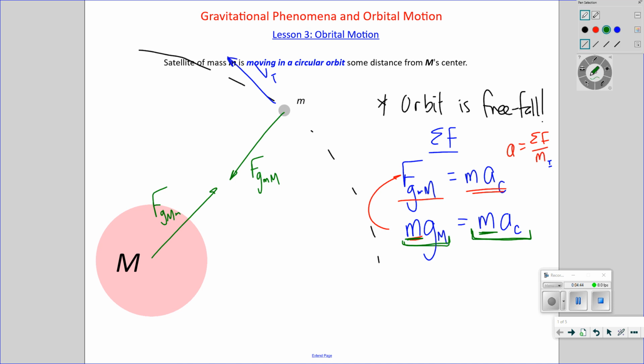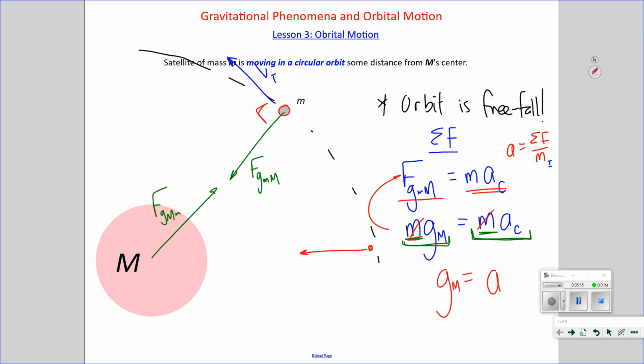And so what we see, just like we saw in our last lesson when we took mass m and released it, the acceleration of this object is g, regardless of the mass of the orbiter. So whether this is an object that is held here and released, and that force creates an acceleration towards the center, or this thing happens to be moving tangent to this path and thus perpendicular to this acceleration, no matter what, the acceleration is g.